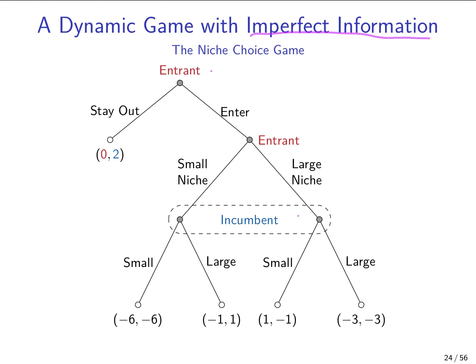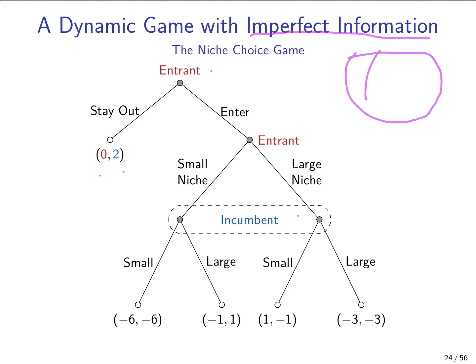If the entrant decides to stay out, then the entrant gets 0, and the incumbent could keep the existing profit too. Right? On the other hand, if the entrant decides to enter the market, then the entrant will need to decide which segment of the market they focus on.